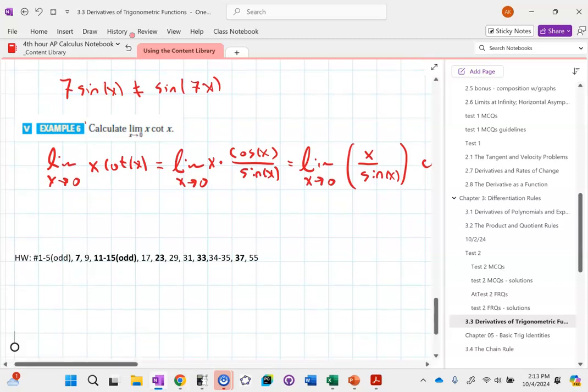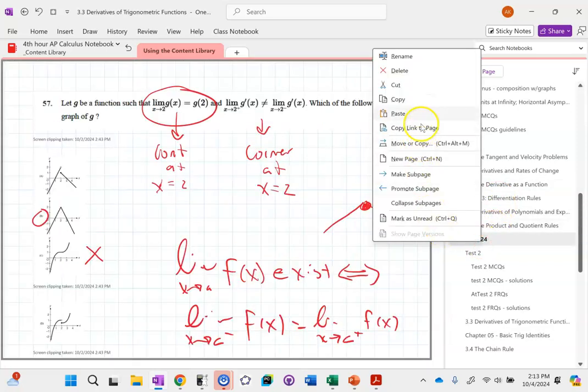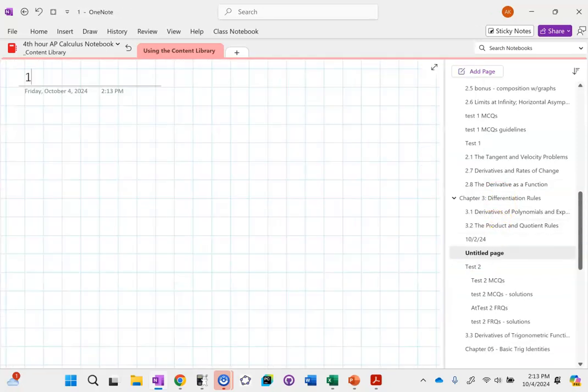All right, I am now opening up for any kinds of questions you want to hammer at me: multiple choices, free responses, homeworks, worksheets, whatever. Yes, Violet. Number 75 on the 3.1 homework? 75 from 3.1 homework, yes.